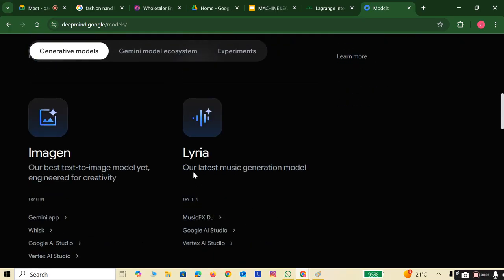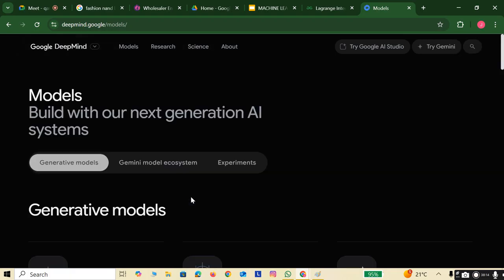Then they also have another one called Lyria, our latest music generation model. Then there is also Imagen, a text to image model, engineered for creativity. But let's see Gemini.